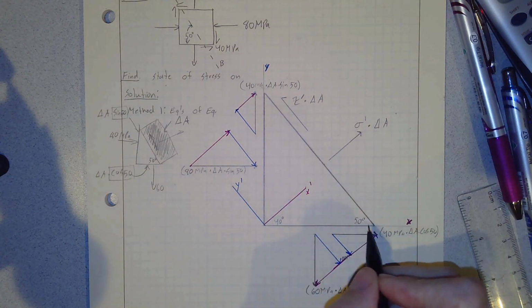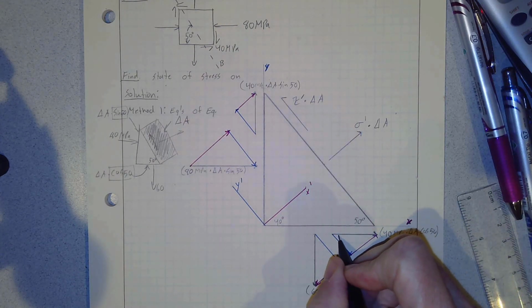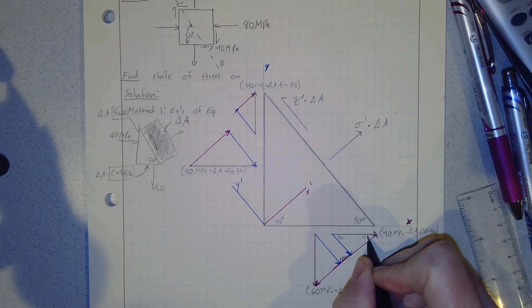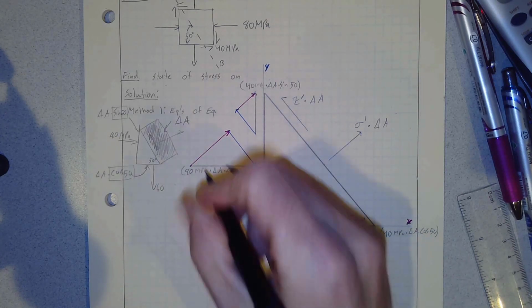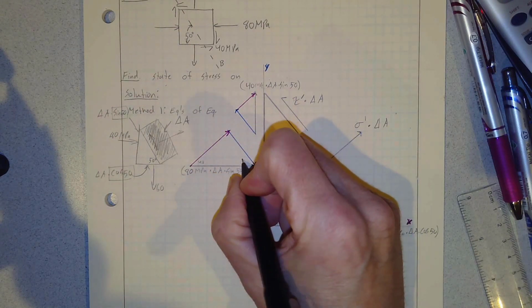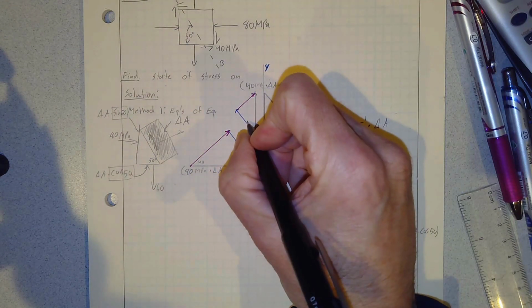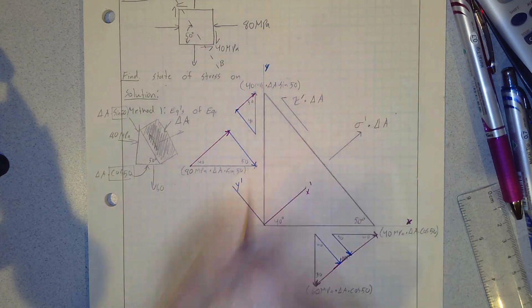So this one's 40, this one's 50. So then looking at alternate interior, this would be 50, 40, 40, 50. Same thing up here, we'd be at 40 and 50 and 40 and 50.